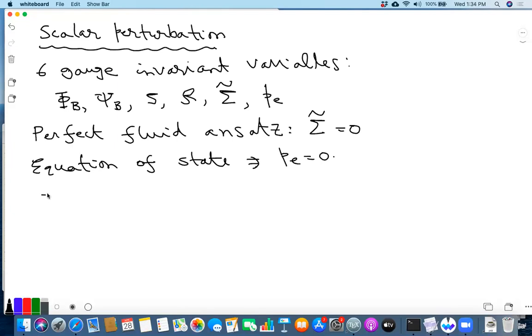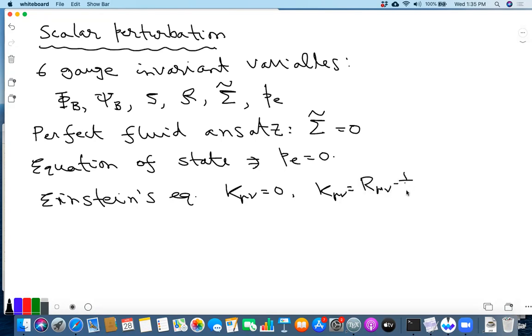So let me remind you. The Einstein's equation, if we write this as K mu nu equal to 0, where K mu nu was R mu nu minus half R g mu nu minus 8 pi G T mu nu.